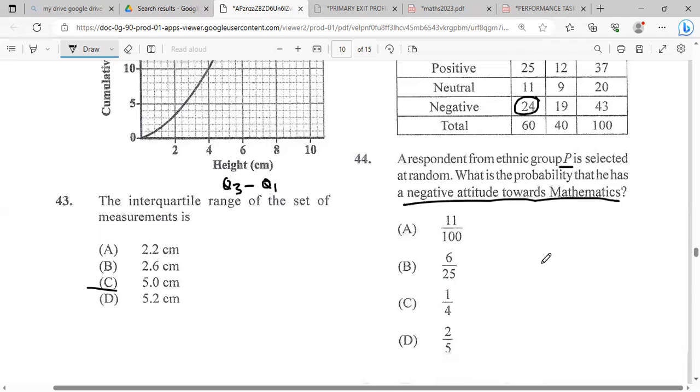And while we were in class, students were saying that, sir, could it be 24 over the entire 100? That's something to think about, definitely. All right, and I think that option probably is there also. So let me know what you guys think about this one.